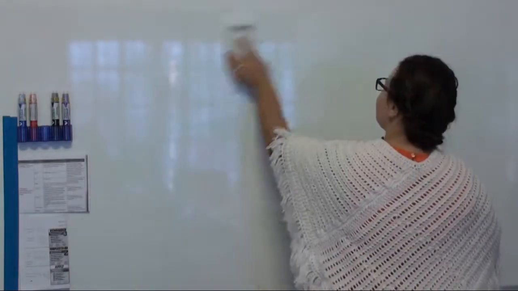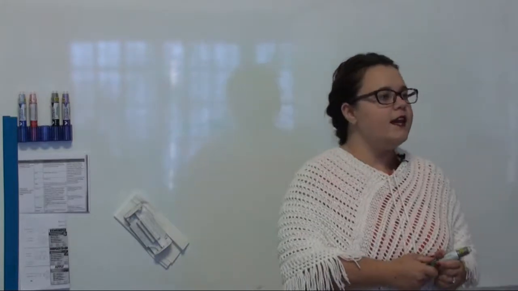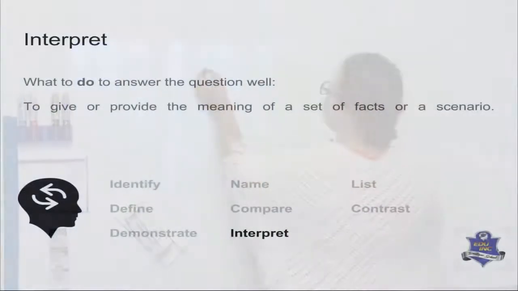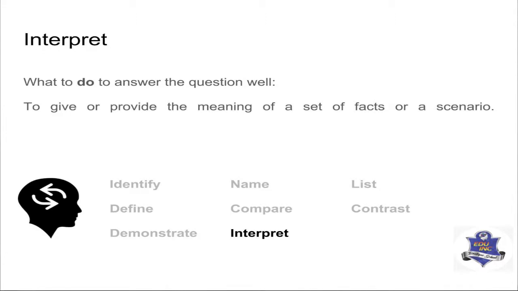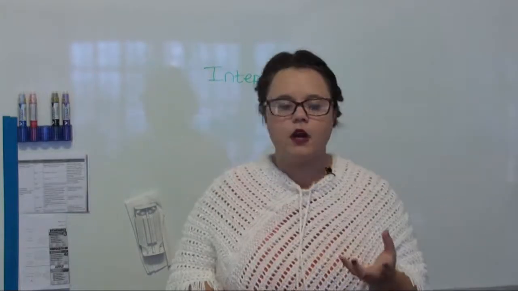So the last verb that we're going to be looking at in this cognitive level is the verb interpret. Interpret is like predict. Yes, in a way it is. But what you're going to be doing is you'd have a set of facts. You'd have a scenario. Now, remember, interpret in this case is on the lower cognitive level.